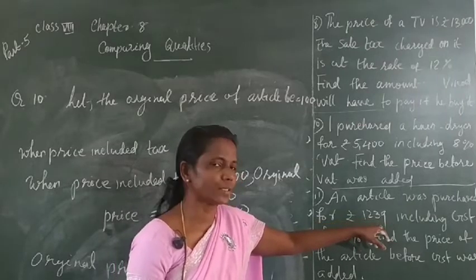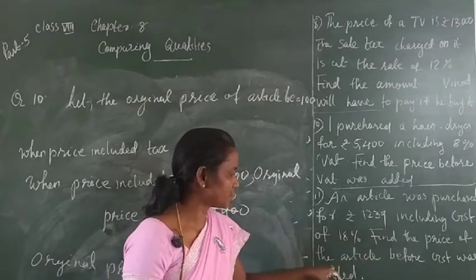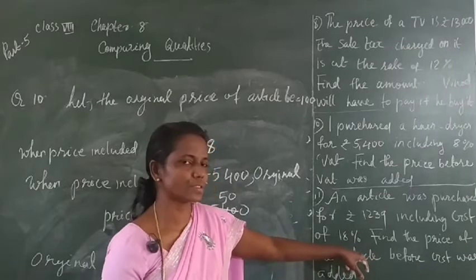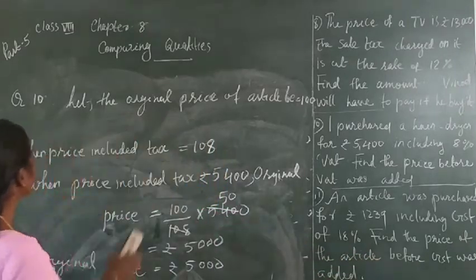The next question, question number 11, look, an article was purchased for 1,239 including GST of 18%. Find the price of the article before GST was added. Before GST means find the original price of the article.